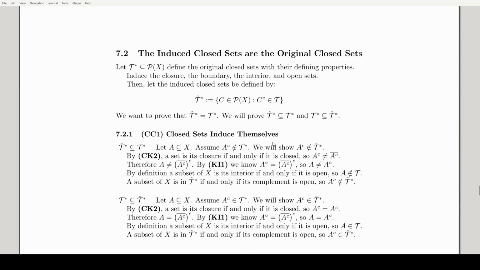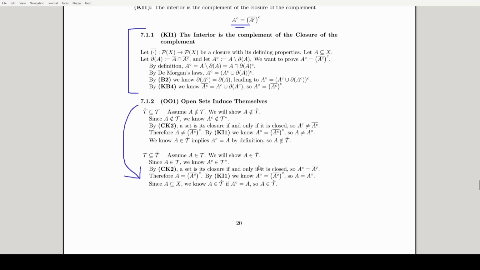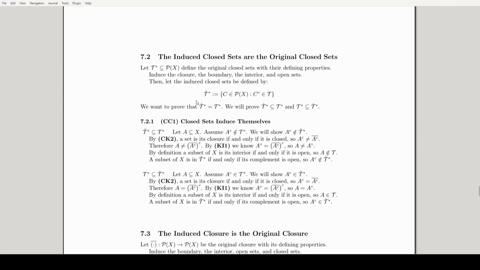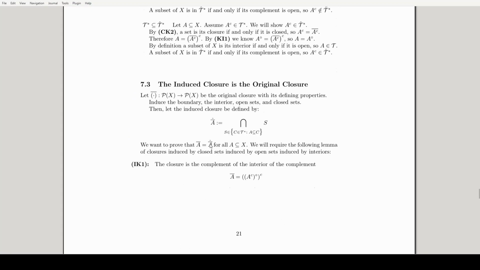And then we use that lemma to go from defining the previous open sets to the new open sets and showing that they're equal by showing they're subsets of each other. Okay. And then again, the induced definition of closures, just put a hat over it and then show it's equal. And we don't even need to prove any lemmas for this. It's pretty direct.